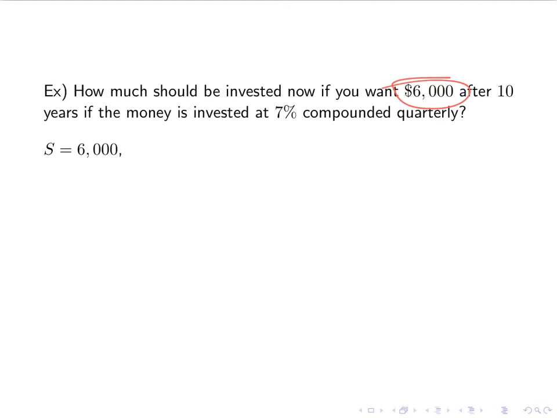I want 6,000 in the future, that's S. And again, I don't know P. R is 7% as a decimal, 0.07. M, it's compounded quarterly. How many quarters are in a year? Well, that's kind of a trick question. There are 4 quarters in any whole thing, so there are 4 quarters in a year. So M must be 4. And then it's 10 years, so T is 10.